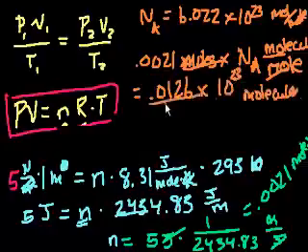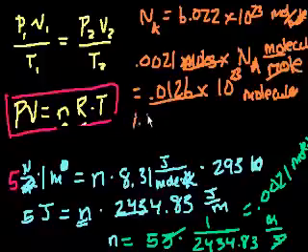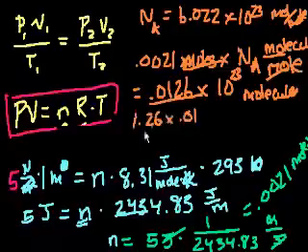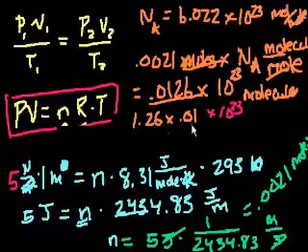Let's see, this is 0.0126. That's the same thing as 1.26 times 0.01, right? And then, of course, times 10 to the 23. And what's 0.01? That's 10 to the negative 2, right? 10 to the negative 1 is 0.1, so this is 10 to the negative 2.